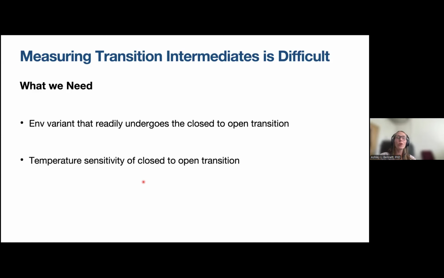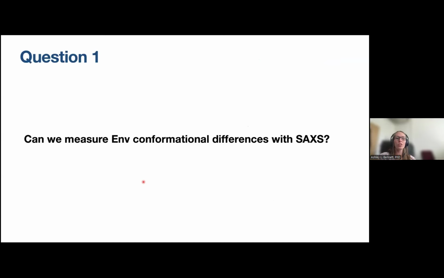We also need to know what the temperature sensitivity of this closed to open transition is. That is not information we knew going in ahead of time, so we had to identify if the transition was temperature sensitive and what temperature range it was most temperature sensitive over. We also need to confirm that we can actually detect the differences between closed and open envelope structures with the SAXS method. So with this in mind, we asked our first question: can we measure envelope conformational differences with SAXS?